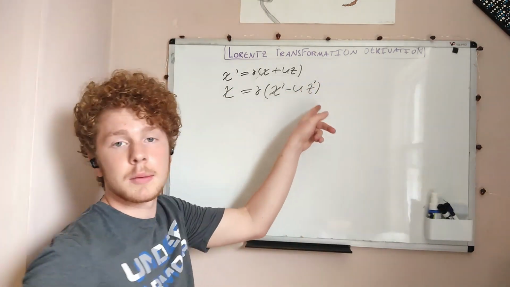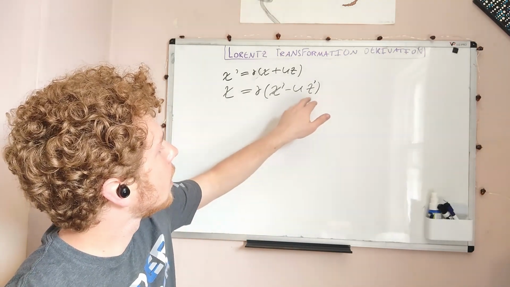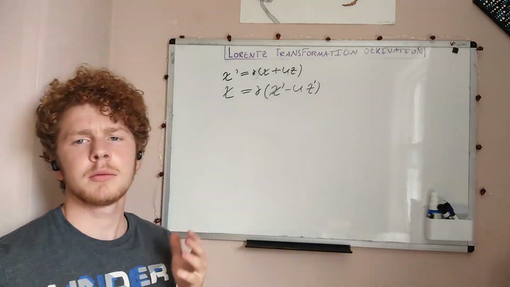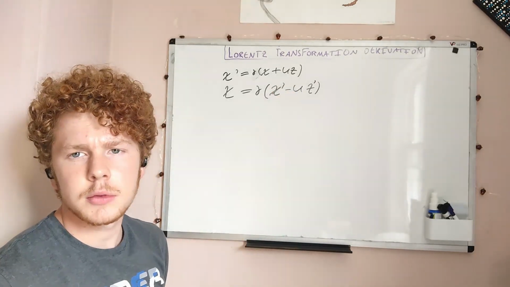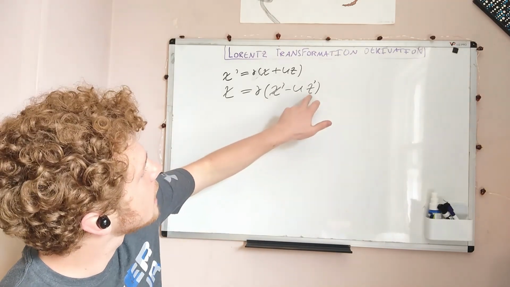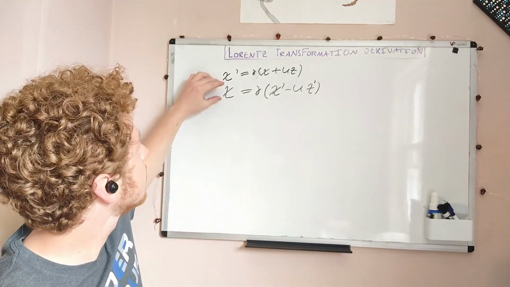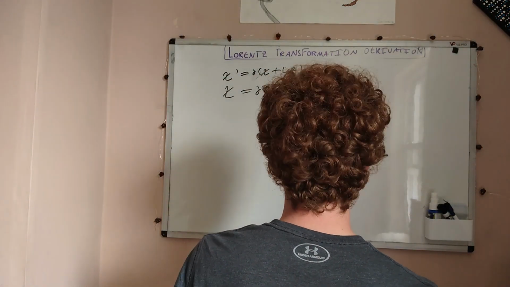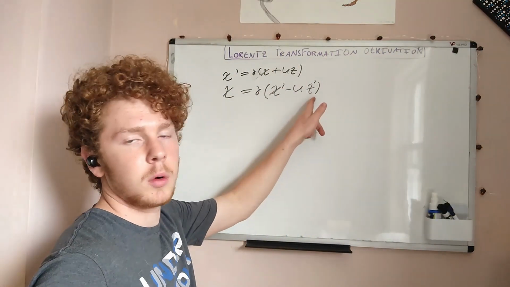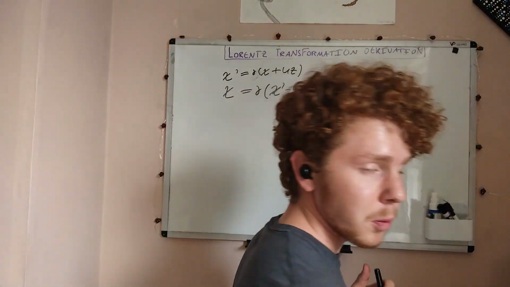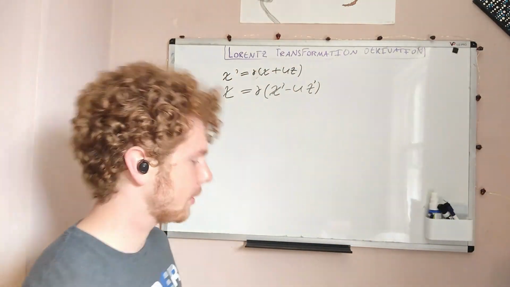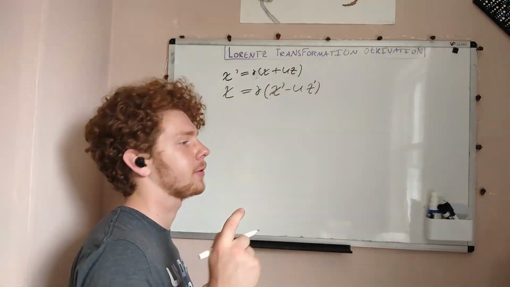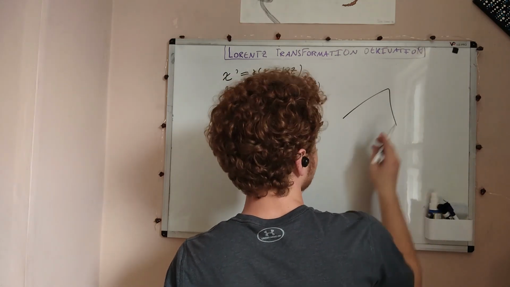This is going to be the prime time, because if we left this as the same t as up here, we'd basically be saying that t prime equals t, in finding the unprimed x, right? But now we're saying this is a separate quantity, or we're going to say that it is, and we'll see whether that's true or not.